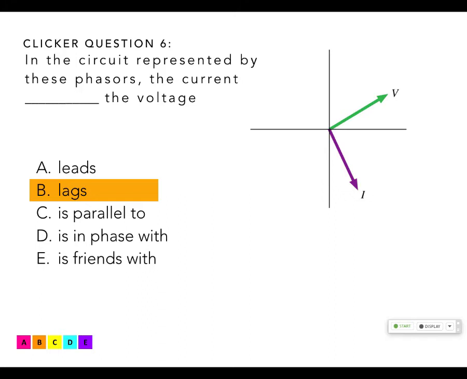Omega L acts like R. So this would be what? Yes. What's the sub? Is that supposed to be the subscript next to the V? Yeah, it's an L. The subscript L means the voltage across the inductor, the current through the inductor. What would omega L be called here? Resistance? Yeah.